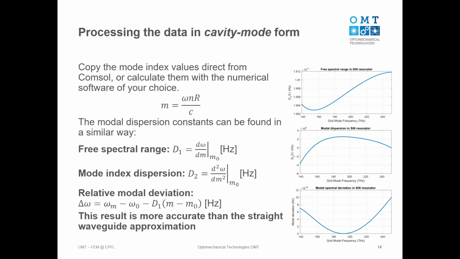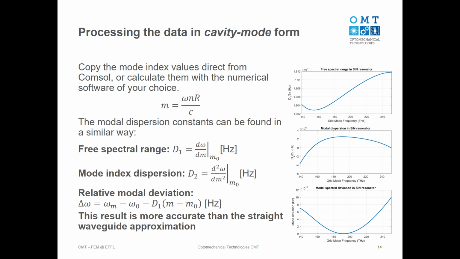So over here, it's that relation I showed you in the earlier slide. All the modes are gradually deviating by this many hertz, for this frequency around 192 terahertz. If you actually do this, you'll find that this is definitely more accurate than the straight waveguide approximation.